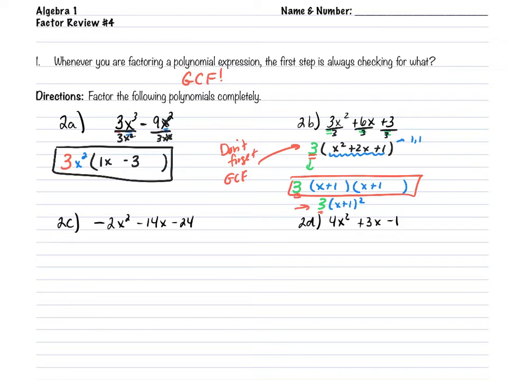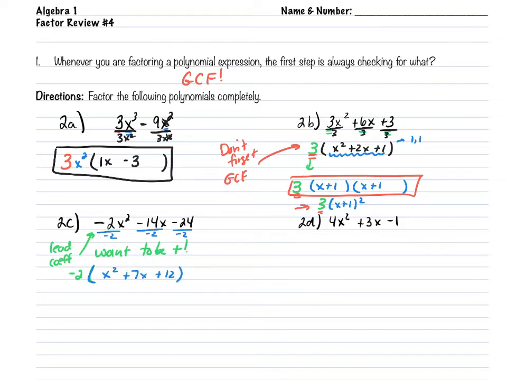We'll move to 2C. Again, we're going to check for a GCF, but what's important here is that our leading coefficient, we want it to be positive. It's currently negative, and we want that to be positive. So when we look for the GCF, we're going to factor out a negative 2, because after we factor out a negative 2, the thing that's left over, after we divide these by negative 2, is positive x squared plus 7x plus 12.